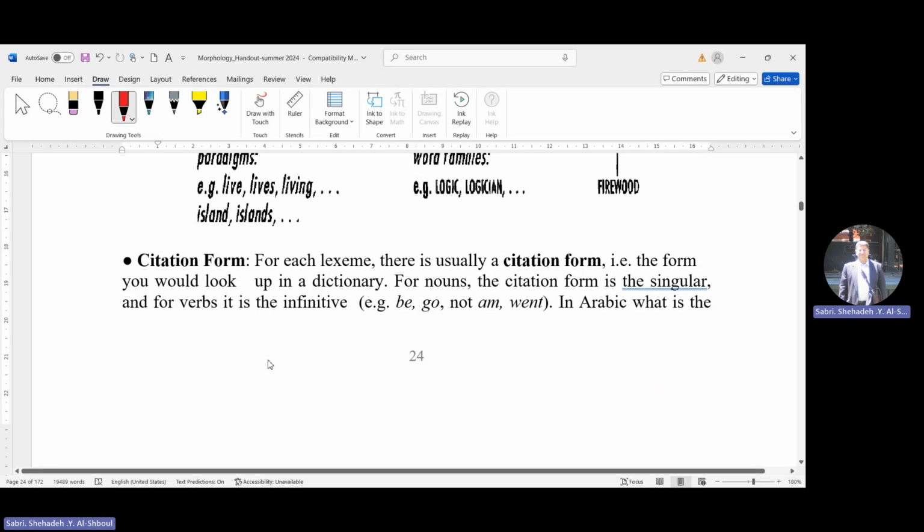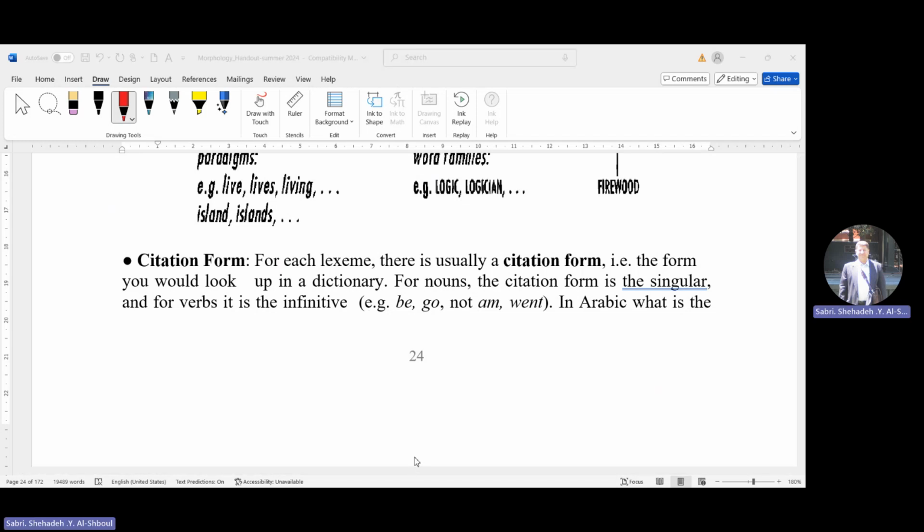Now, let's move to citation form. In the language, when you say a citation form, what do you mean by citation form? For each lexeme, the abstract, there is usually a citation form. What is a citation form? It is a form that we look up in a dictionary.